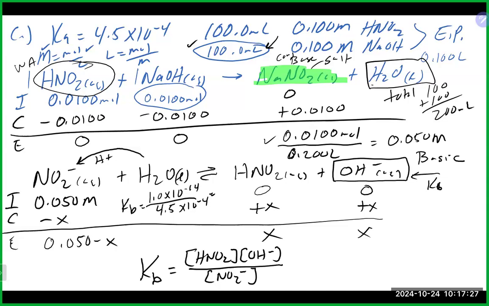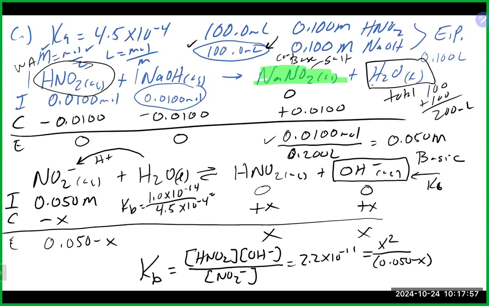A very common mistake is people will roll with the Ka value here. 2.2 times 10 to the minus 11 is going to equal x squared divided by 0.05 minus x. Here I'm going to do my assumptions, so I think I'll roll that on the next page.